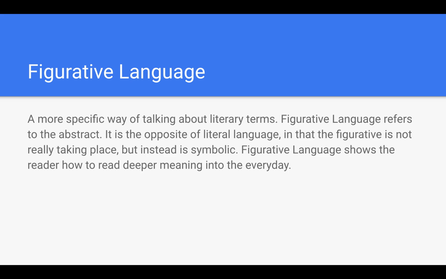Figurative language refers to the abstract. So this is one of the reasons that people really struggle with poetry specifically, is poetry lives in the world of the abstract, as opposed to the world of the literal, right? When we live in the world of the literal, then what we look at means the thing that we're looking at, right? A stop sign means stop. It says stop on it. It's a physical object that you can touch.